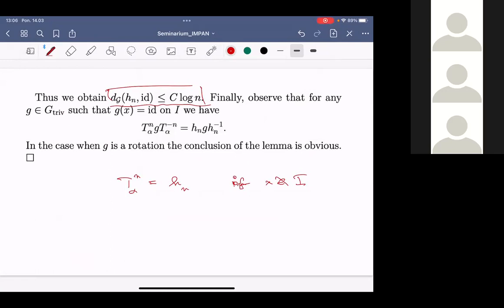However, we see that this formula is satisfied. Why is this formula satisfied?